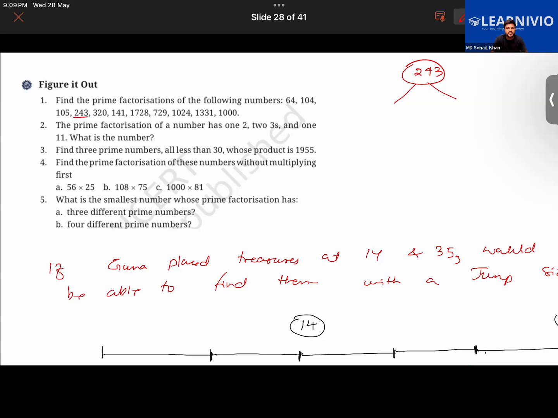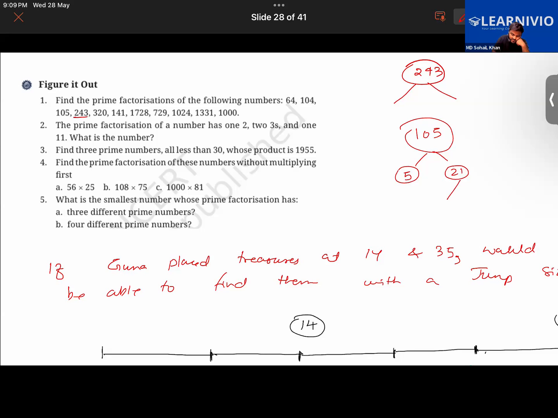Prime factorization is basically displaying a number as a product of its prime factors. Let me give one example. Like you have 105. I can write it down as 5 multiplied by 21. But the problem is 21 is a composite number.